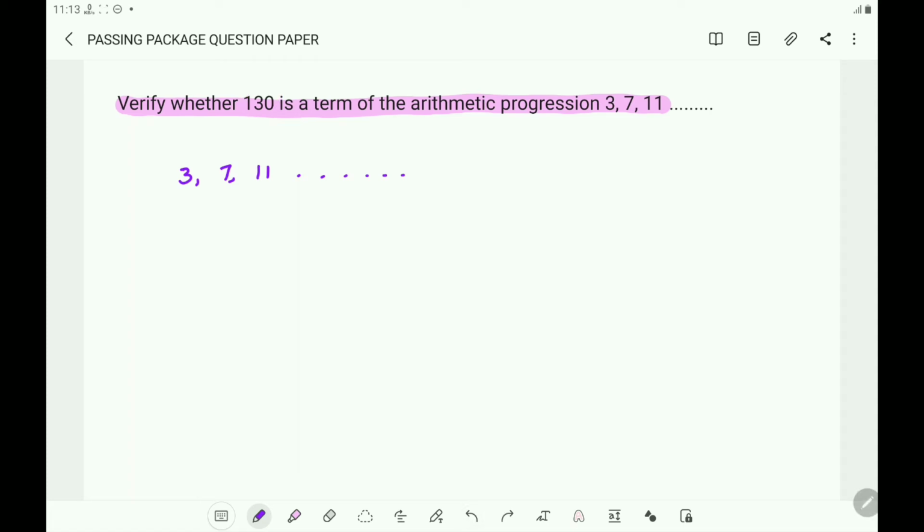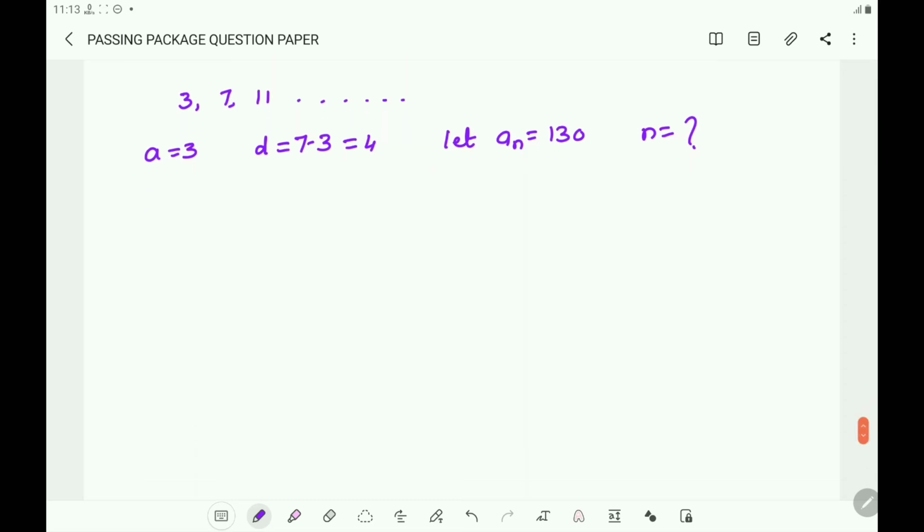So let us find a. What is a? That is the first term, 3. Then d is second term minus first term, 7 minus 3, which is equals to 4. Now let us consider, let an equals 130 and let us find n equals question mark.